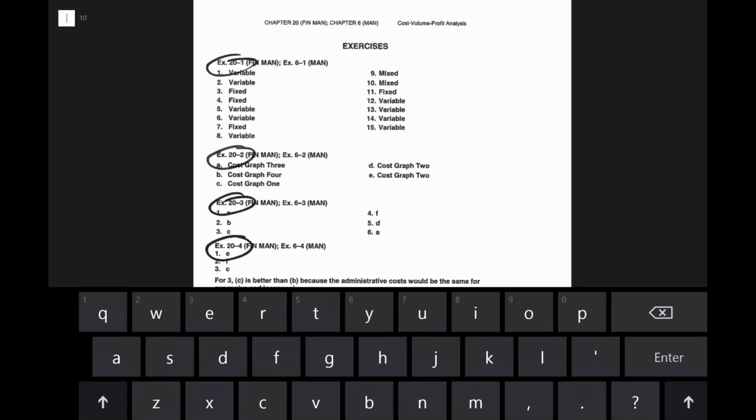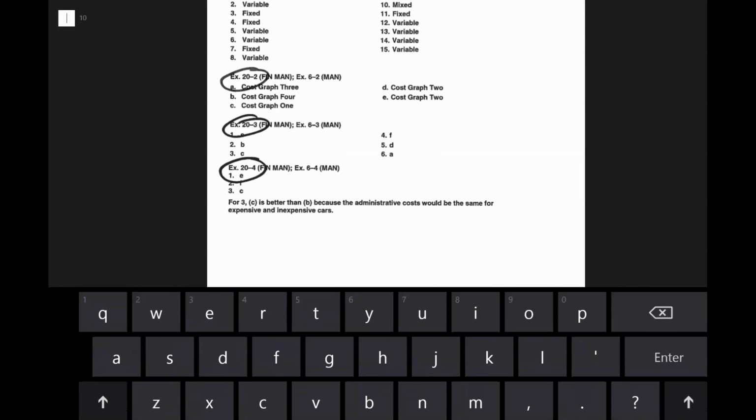Number 3, identify the activity base. So for a major university, match each cost in the following table with the activity base. So what drives that cost? All right, number 1. So you've got financial aid office salaries.